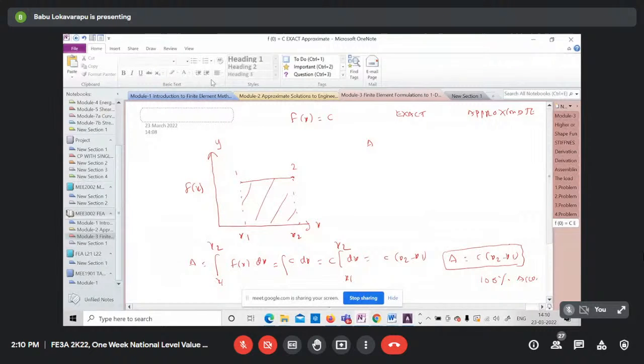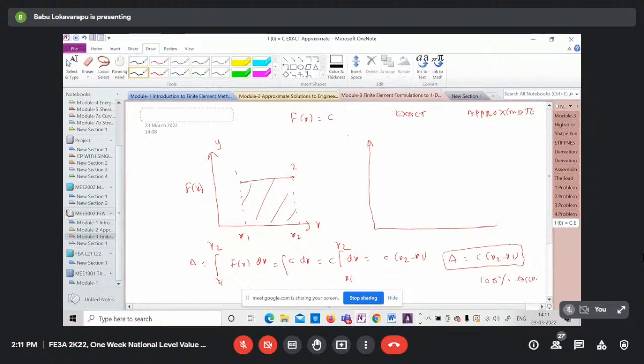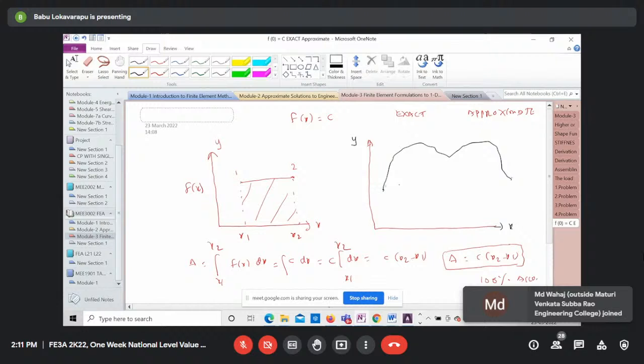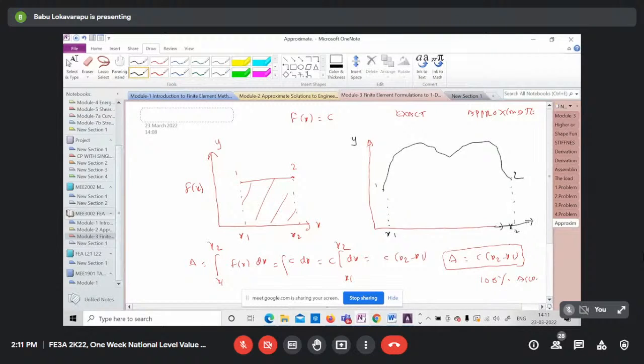Now, in another case you need to think differently. I have a second scenario like this. This is y and this is x. I have a function like this, and let us say this is x1 and this is x2.